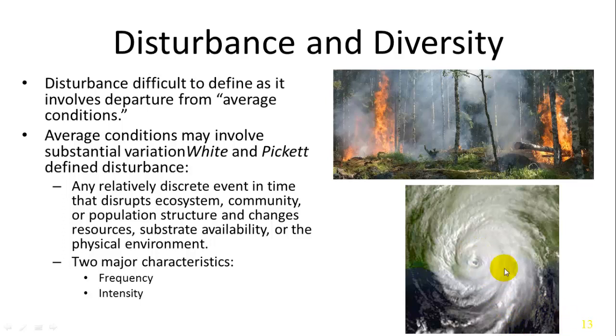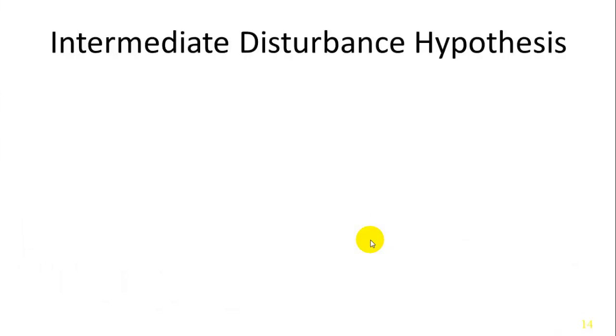Hurricanes come through pretty regularly, but in one area, every 20 years or so you'll get a hurricane, and how intense the hurricane is will determine how big of a disturbance it is. Sometimes some areas will have an increase in frequency, so once every 5 years instead of 10 years, and that can change the ecological dynamics.